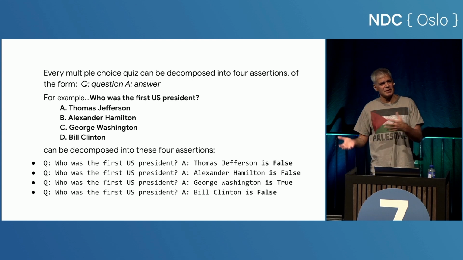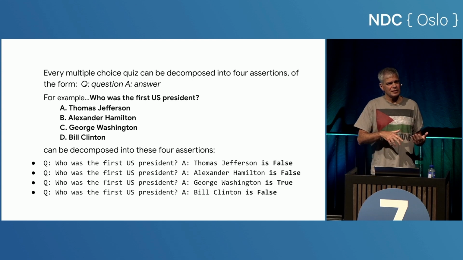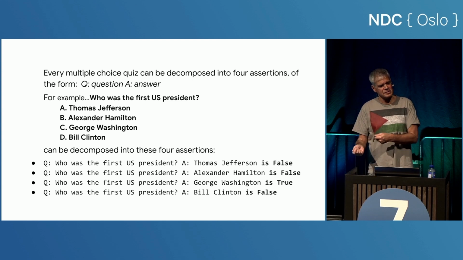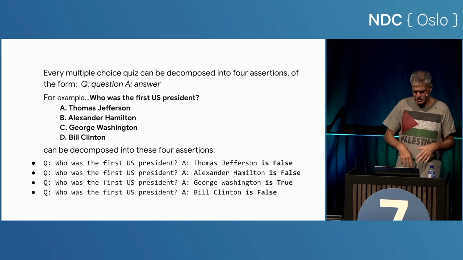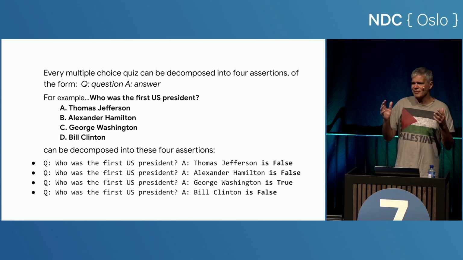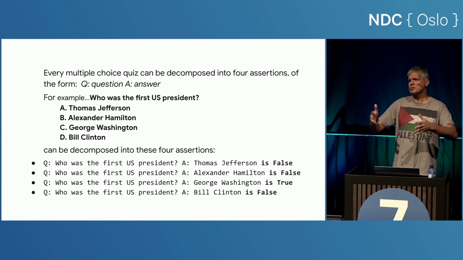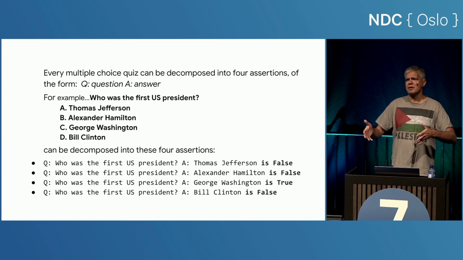But now we want to take our generated content and run it through that assessor. And the way we do that is we take a given quiz that we've generated. So here's an example. Who was the first US president? You can think of any multiple choice question. If you remember that game, Two Truths and a Lie, any multiple choice question is 3 lies and a truth.